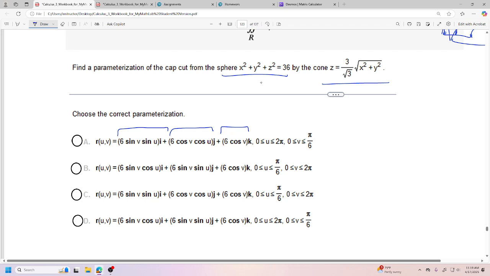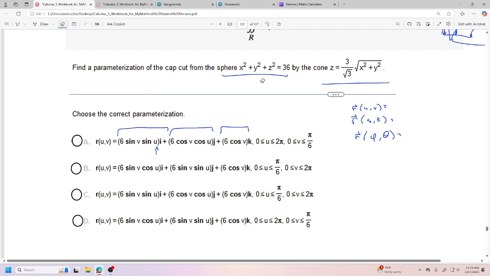I had a U and a V, I had an S and a T. What were the other letters? Phi and theta? How about you give me an English name? Yes, that's perfect. Spherical coordinates.